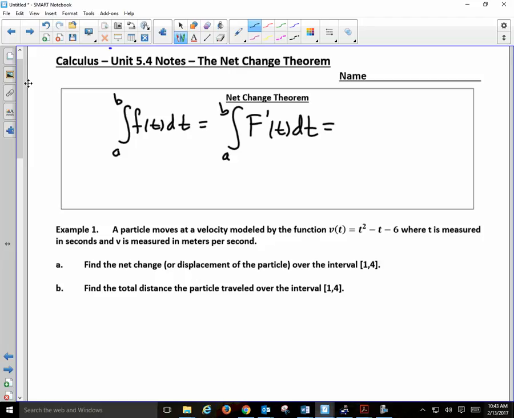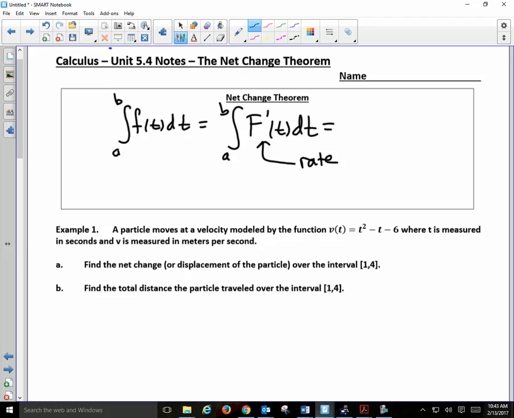Everybody agree that those are equivalent? That the derivative of big F will give you little f? So therefore, what's really important is that this is a rate. So the net change theorem has to do with rates.